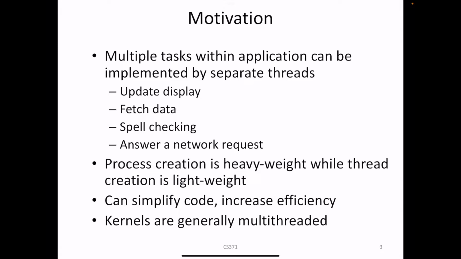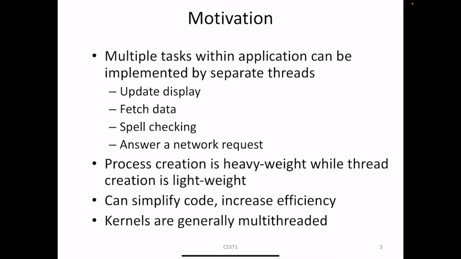And also, according to our observation, for most of the tasks within an application, they may share similar or even identical context or behaviors across different threads. So when you are using multi-threading, it can simplify the code and increase the efficiency. And also, later you will see that the communication between multiple threads is much easier and simpler compared with the communication between multiple processes.